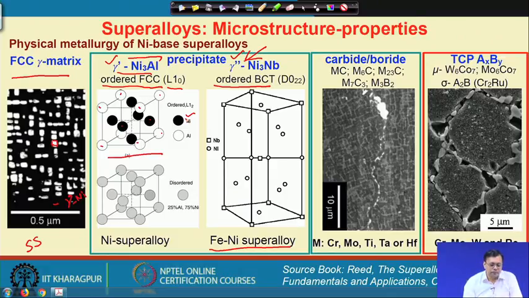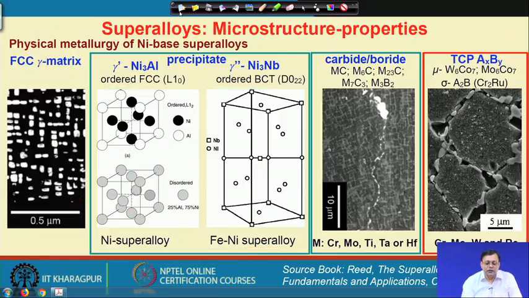However, very close to its melting temperature, the gamma prime phase, meaning nickel 3 aluminum, becomes disordered. So, at any position either nickel or aluminum can be found. So, this is a typical nickel 3 aluminum structure.